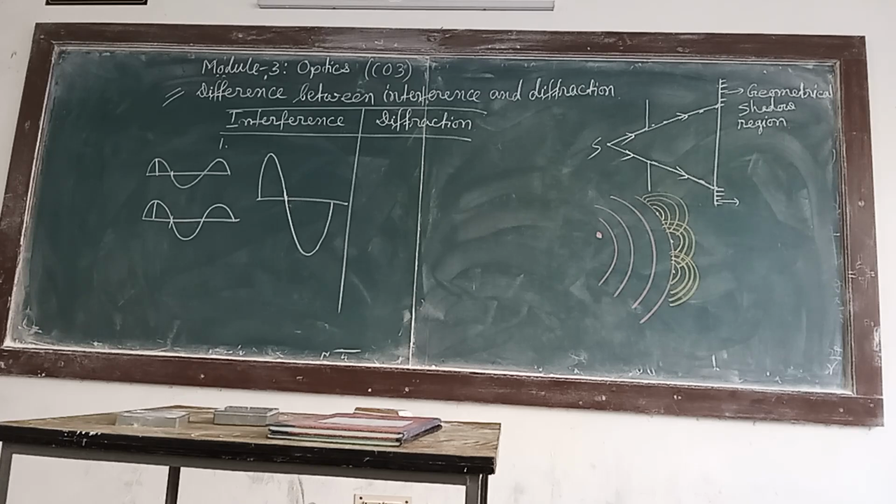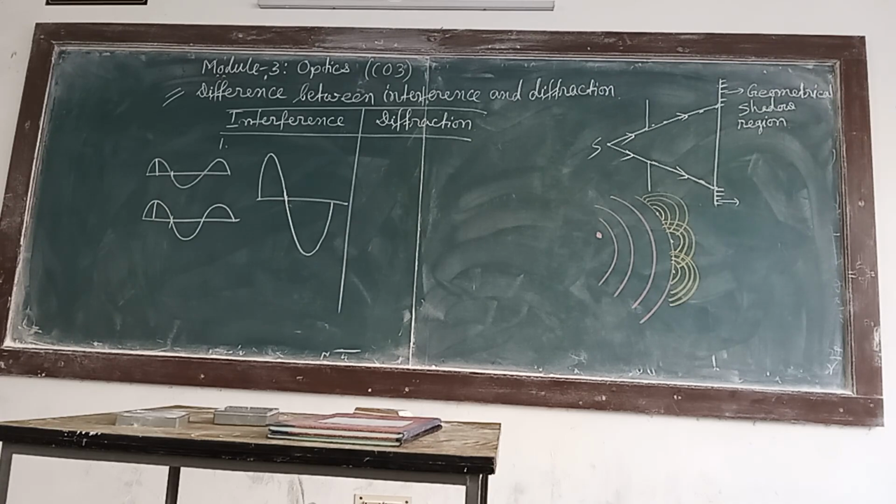Are never equal. In the interference fringe, beta equals D lambda by d. All are constant. D is the distance between the screen and the slit, small d is the slit width, lambda is the wavelength. So all are constant. That means beta is constant. But in case of diffraction, again we will derive that beta is not constant.